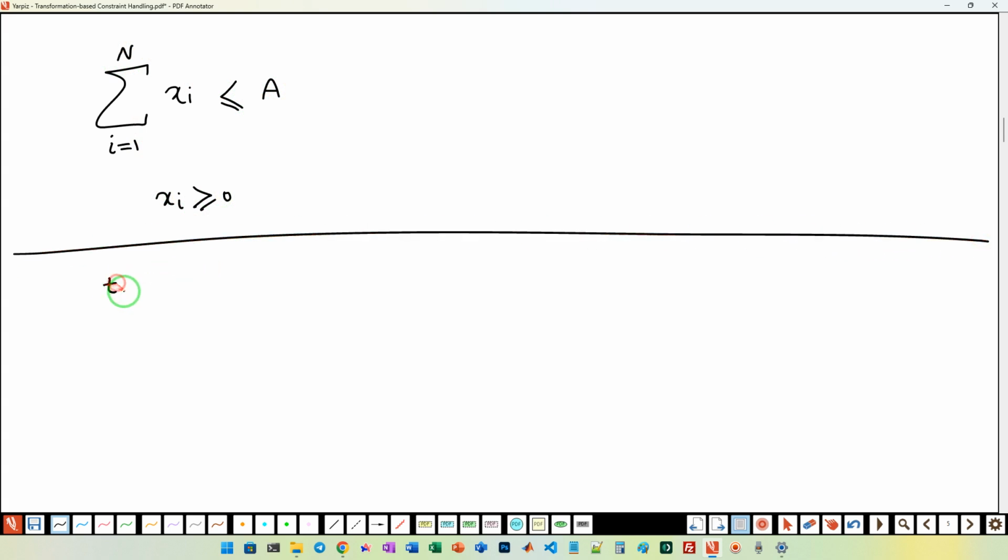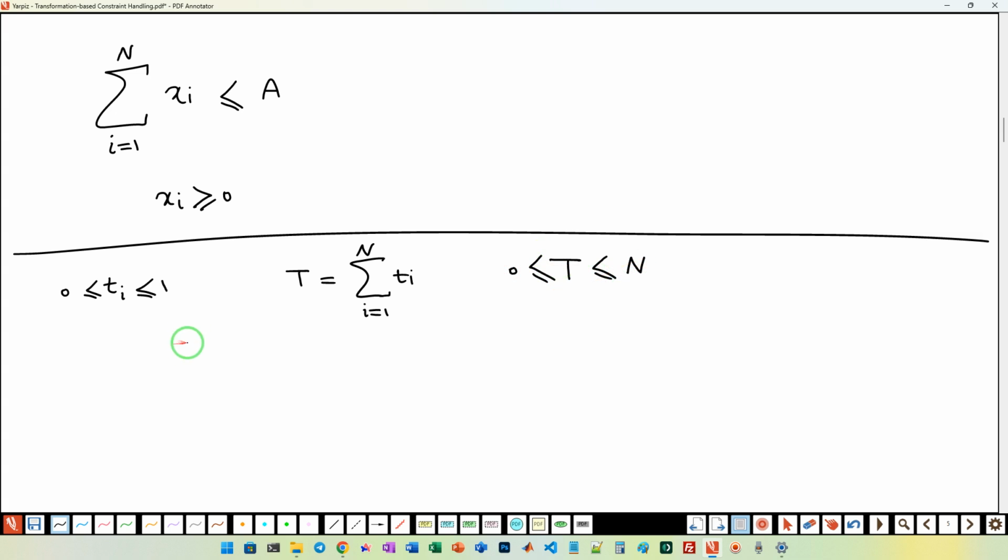Again, let's define some temporary variables like this, and if we define their summations in this way, we can say that this t is something between 0 and n.